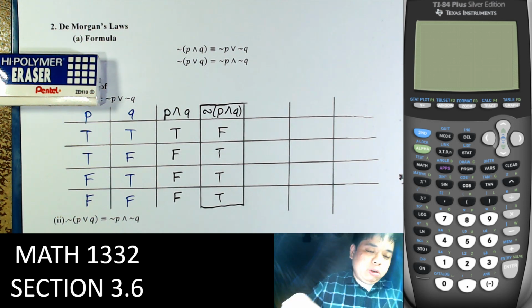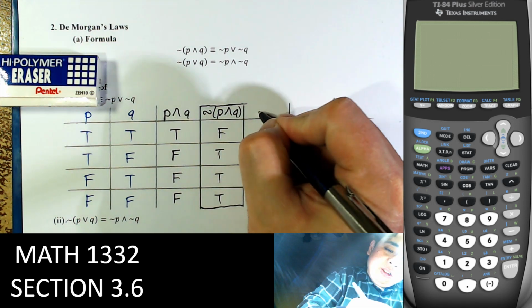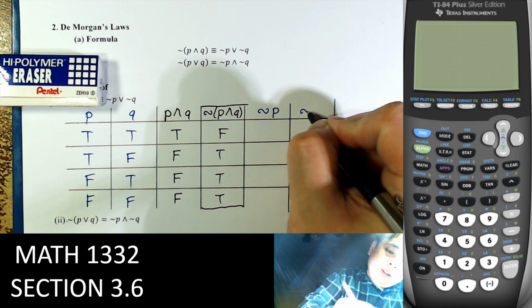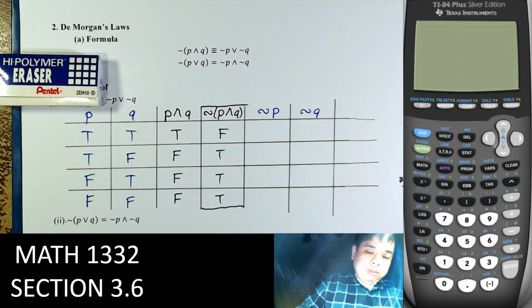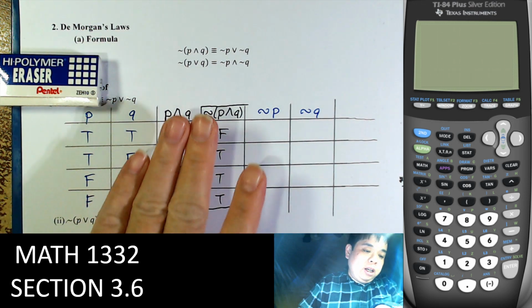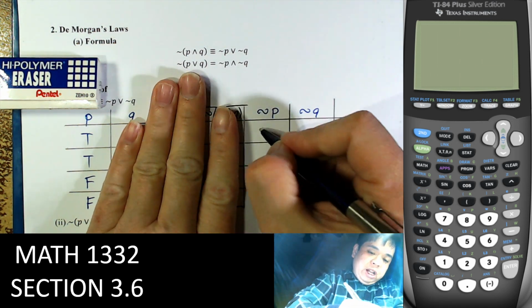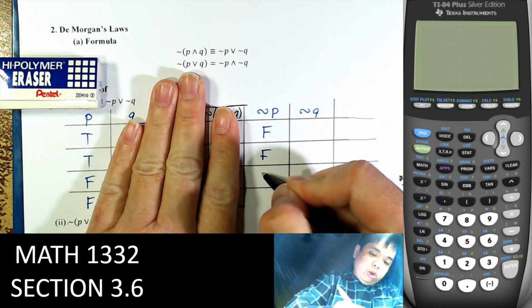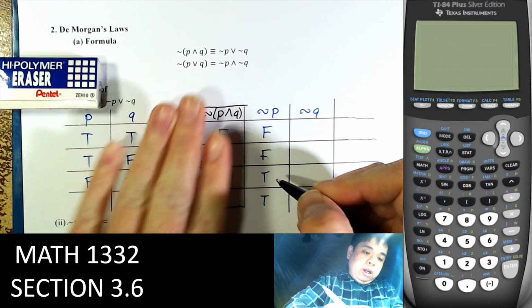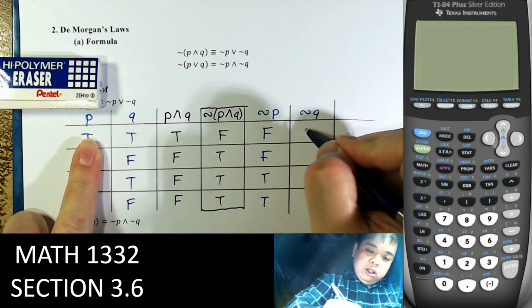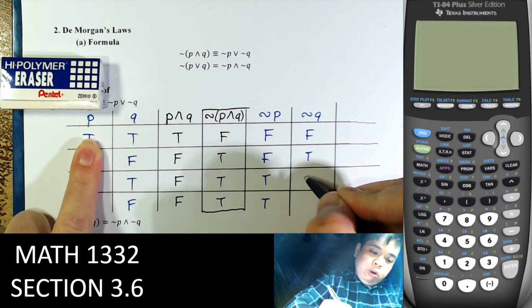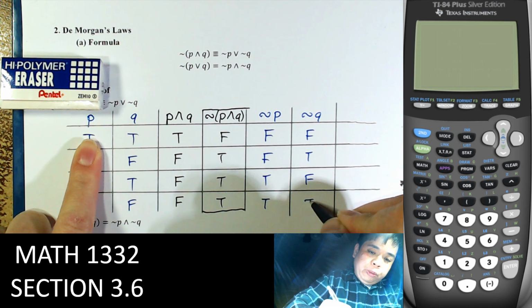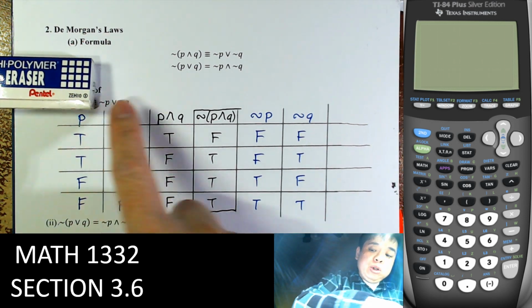So now we'll do not P and not Q. Not P, so that is P, we negate: false, true. And not Q: true, true. And we do the disjunction.